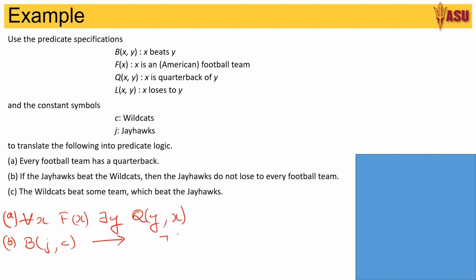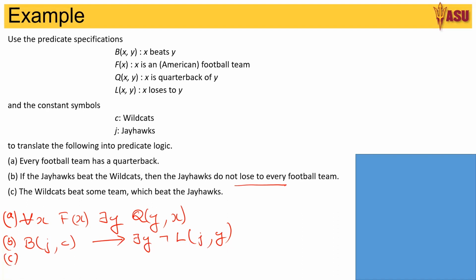So not of L, X loses to Y. So J loses to Y does not hold for every football team. That means there exists a Y such that L of J comma Y is false.